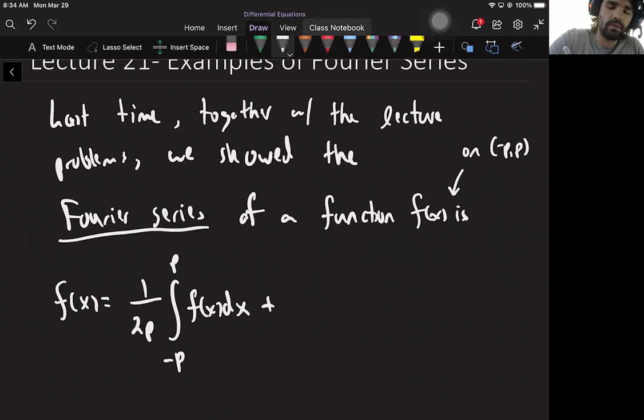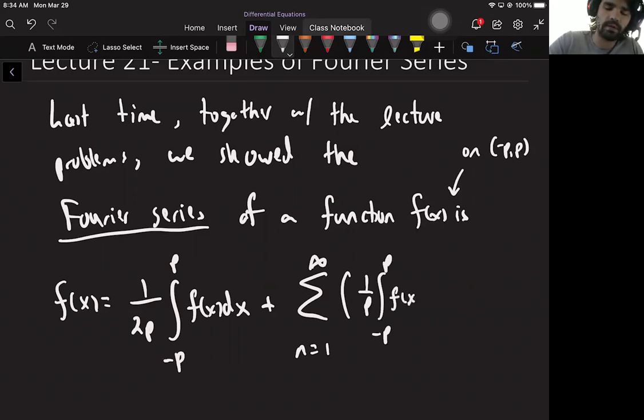And then the other coefficients looked like 1 over p integral negative p to p. So for the cosine one, you do f of x times cosine of n pi over p x dx.